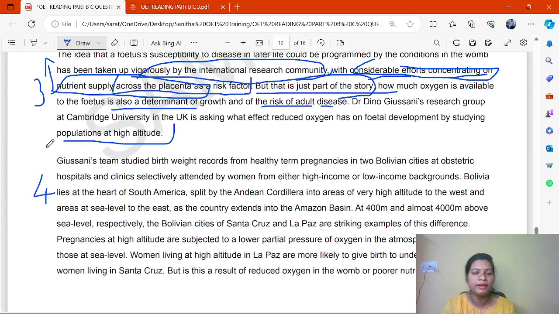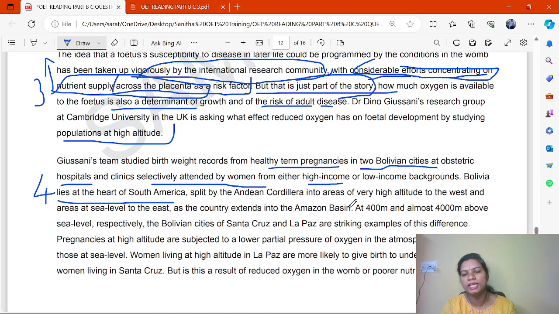We have to come to the fourth paragraph. Usani's team studied birth weight records from healthy term pregnancies in two Bolivian cities, at obstetric hospitals and clinics selectively attended by women from either high income or low income backgrounds. Bolivia is split by the Andean Cordillera into areas of very high altitude in the west and areas at sea level in the east.